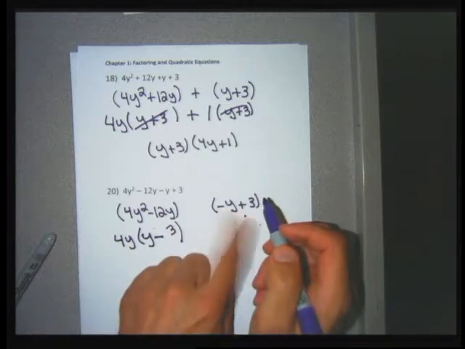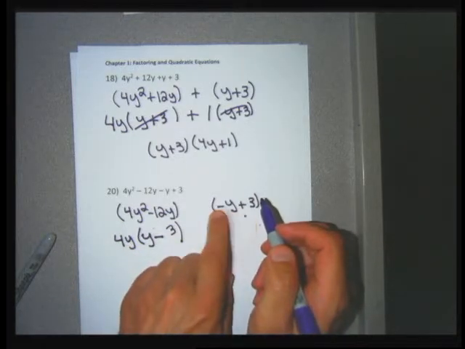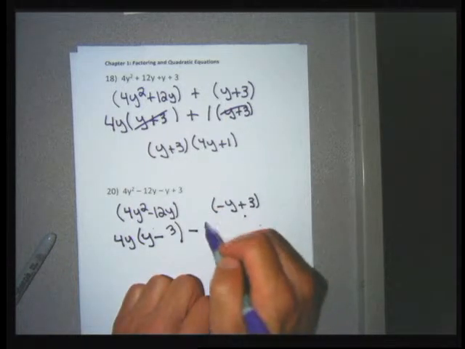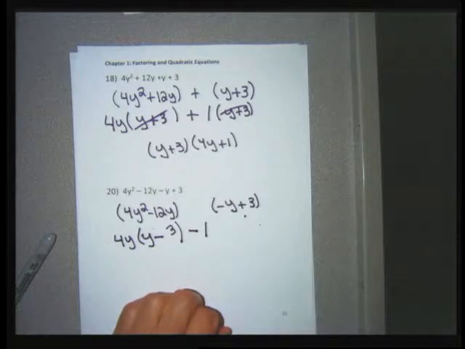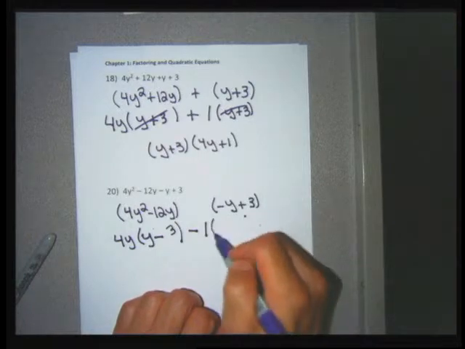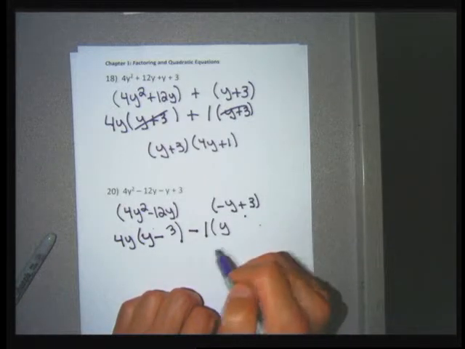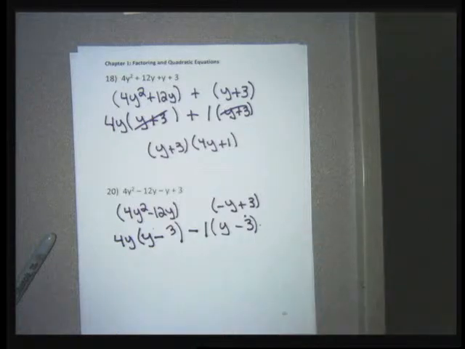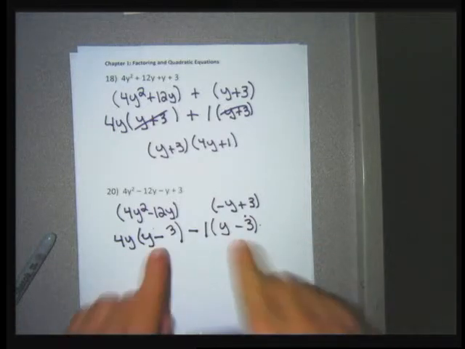Second group, there's not a common factor, but there's a negative in front of the y, so I'm going to factor out a negative, and I have to factor out a 1 when there's not a common factor. When you factor out a -1, inside the parentheses you put the opposite. The opposite of negative y is positive y. The opposite of positive 3 is negative 3. And again, it has to happen that these parentheses match up.